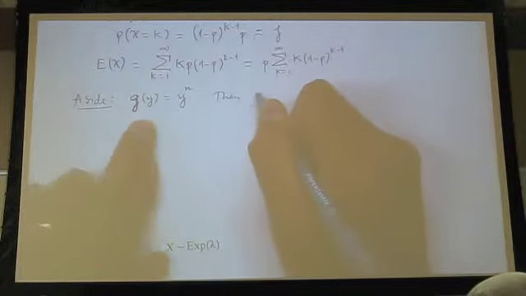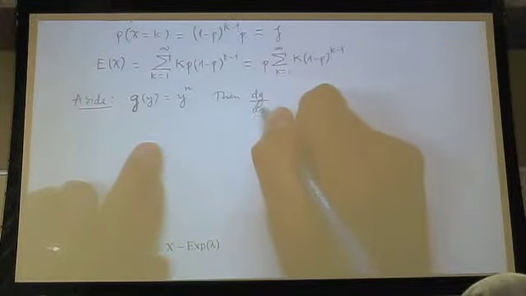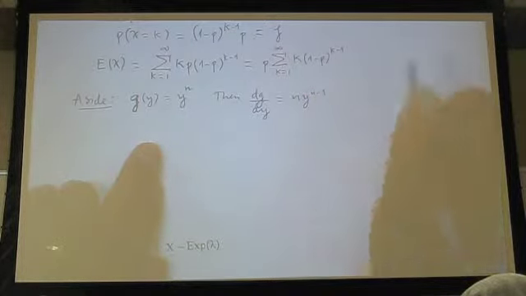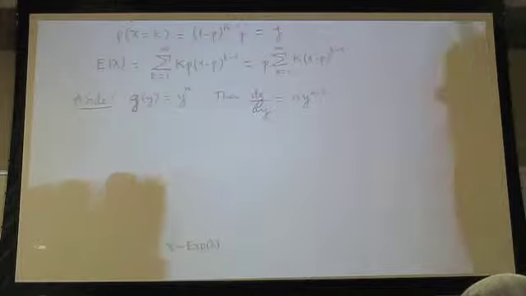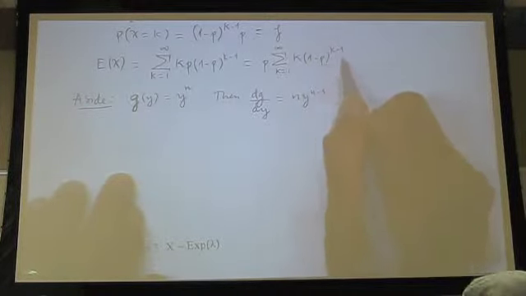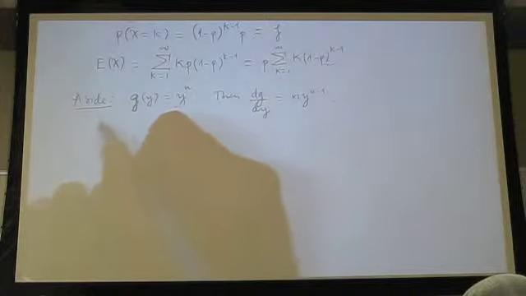Then dg dy is n y to the n minus 1, right? So with that in mind, back to this function right here, okay?